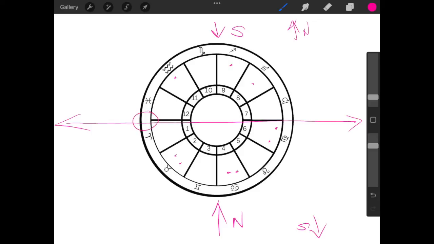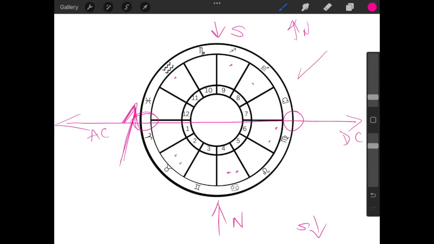Not the case, and mostly due to the horizon line, which is the AC and DC line, is essentially where the sun is rising. This is what gives you your rising sign, where the sun is rising at the time of your birth. And we are definitely going to confuse ourselves if we continue to use north-south.